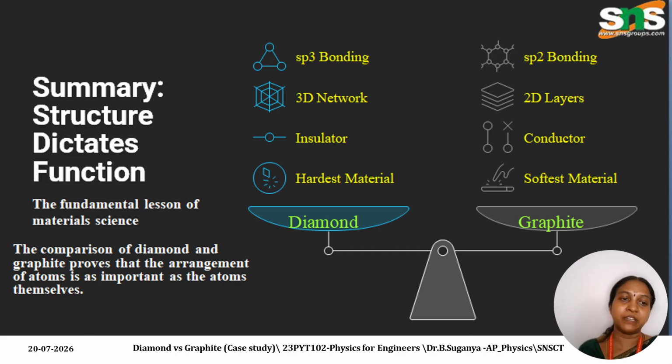Both are made of carbon, but their bonding and crystal structures are very different. Diamond is hard and insulating, while graphite is soft and conducting. This case study shows the central idea of crystal physics.